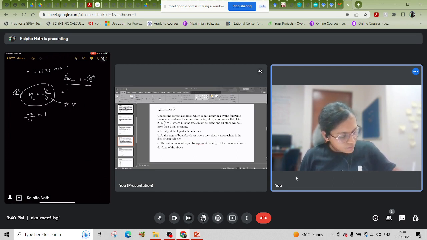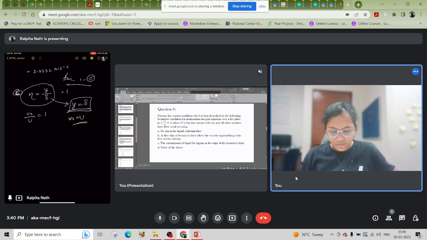This means y is equal to delta, that is the end of the boundary layer. So at the edge of the boundary layer, Vx is equal to u, the velocity approaching the free stream velocity. The answer will be B.